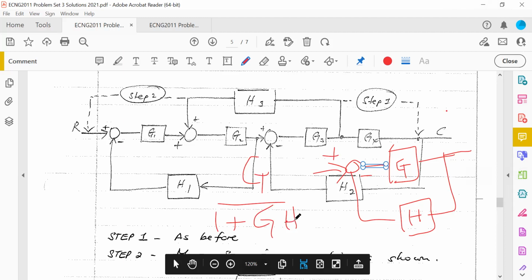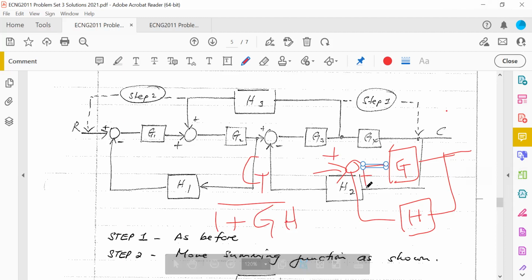And there was a problem set, and we also did it in class. If instead the feedback is positive, then this sign becomes a negative. So it's G over 1 minus GH. So negative feedback gives you a positive sign. Positive feedback gives you a negative sign below there. Yes, thank you, sir. Just wanted to be sure.